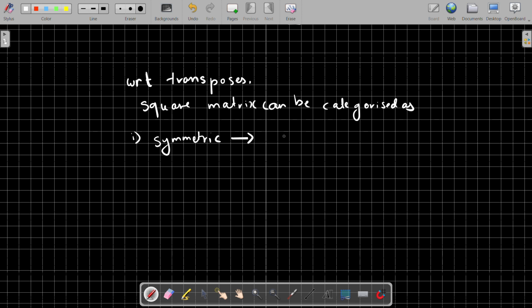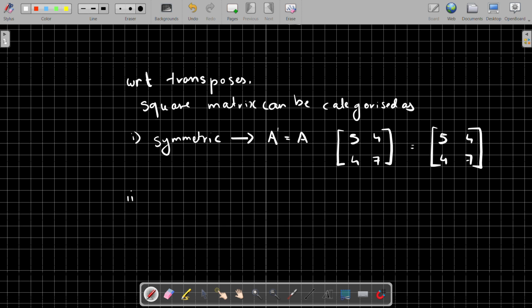This happens when the matrix's transpose is equal to the matrix itself. So let's say you take the matrix 5, 4, 4, 7 and take its transpose, you will get again 5, 4, 4, 7. So this matrix is symmetric because you took the transpose and the matrix came out the same.